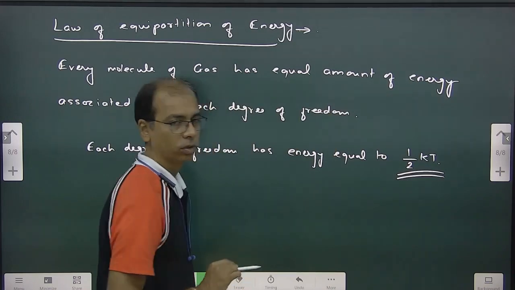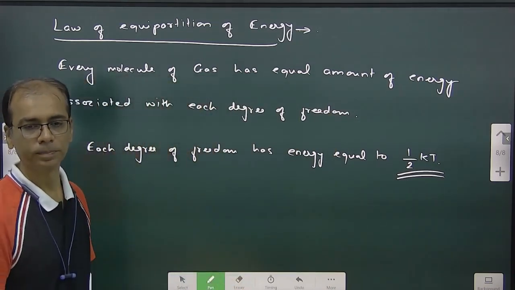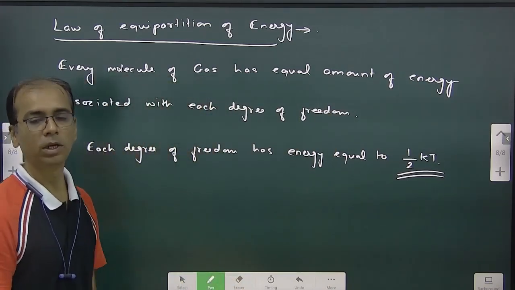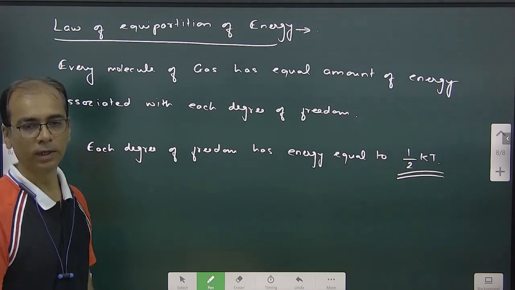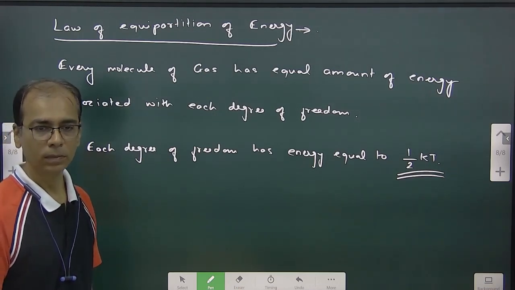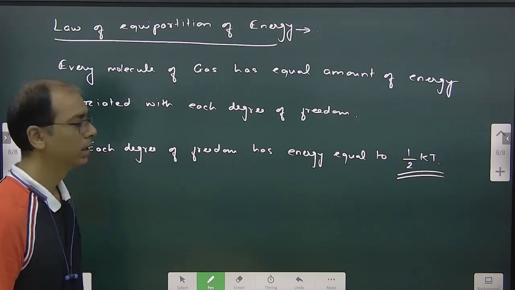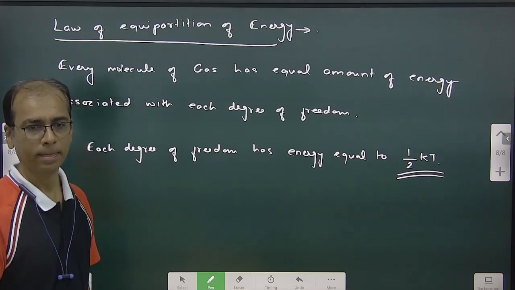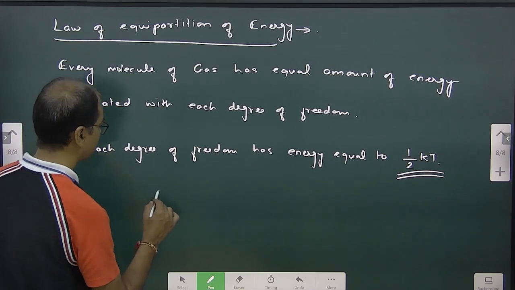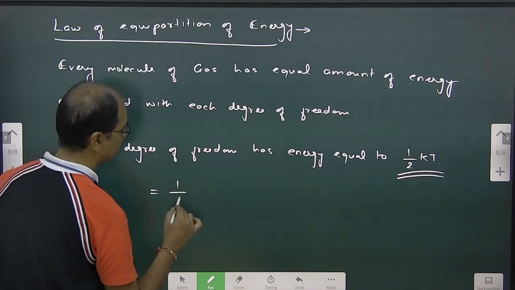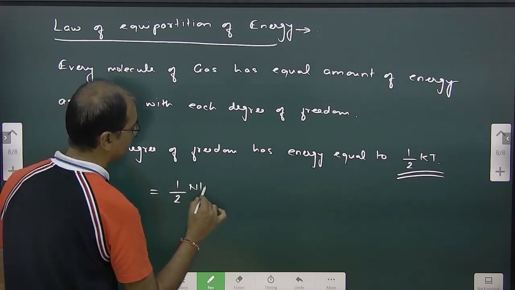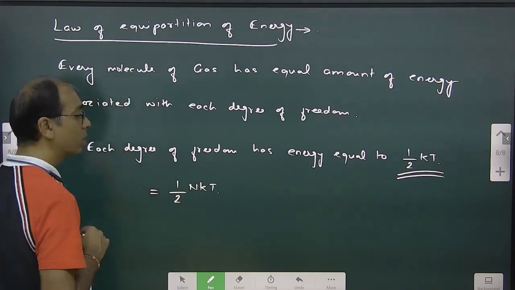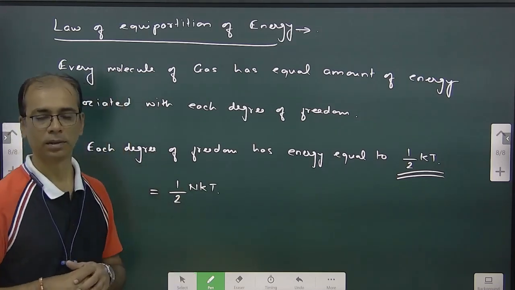I am talking only about a molecule at the moment, not about the entire gas. So half kT. Now how many molecules will be there? N molecules will be there, right? So half NkT.